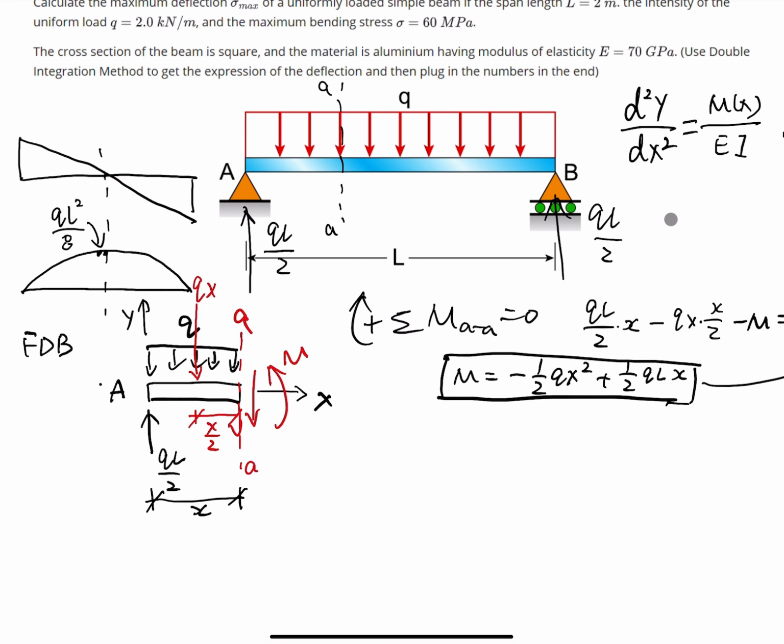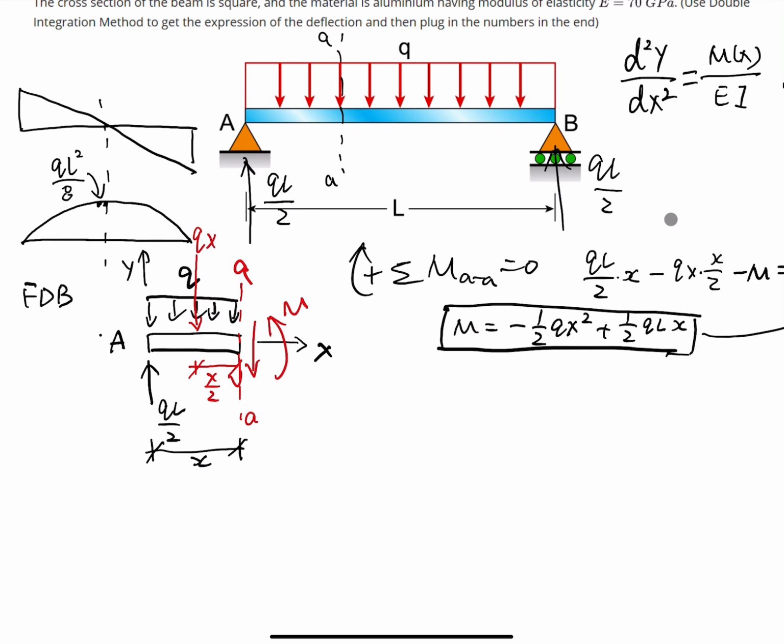If we move EI to the left-hand side, we have EI times the second derivative of y equal to the bending moment.